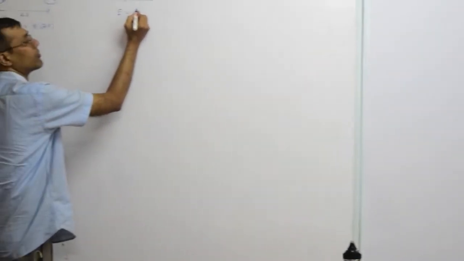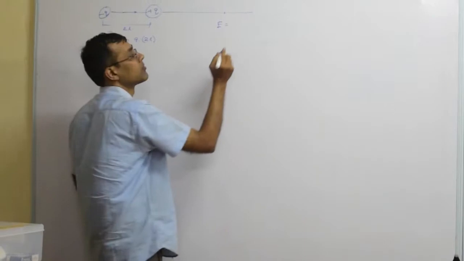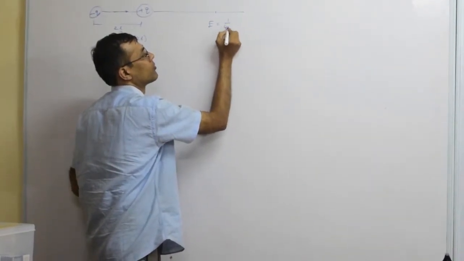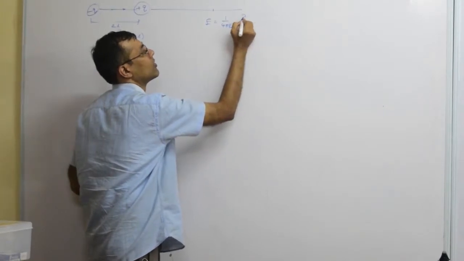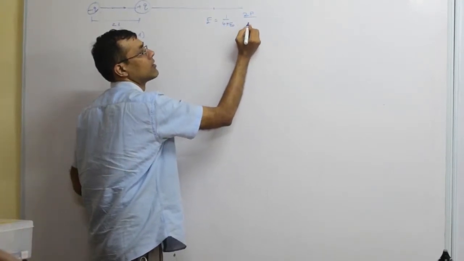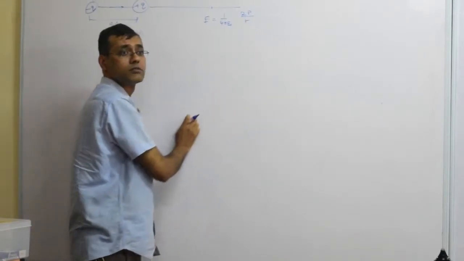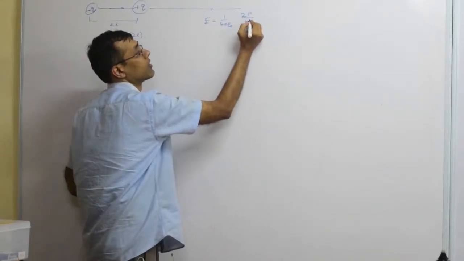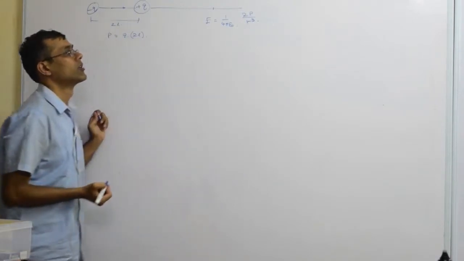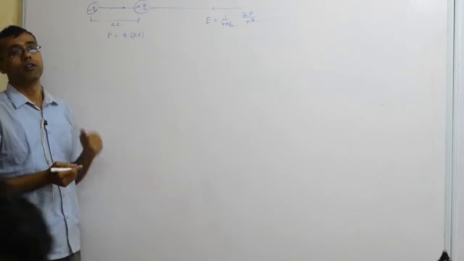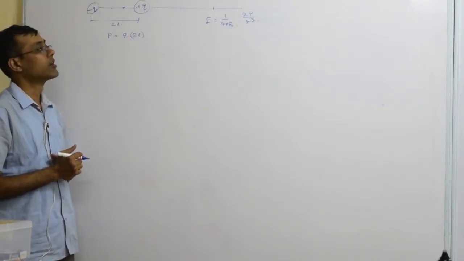E is equal to, do you remember the final formula? 1 by 4 pi epsilon naught 2P by r square. Is it r squared? R cube. This is what we found, electric field due to a dipole along the axis.